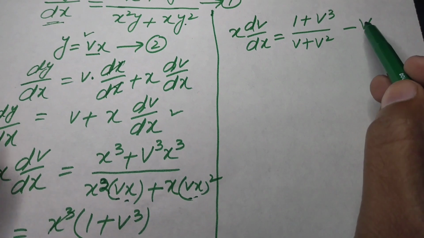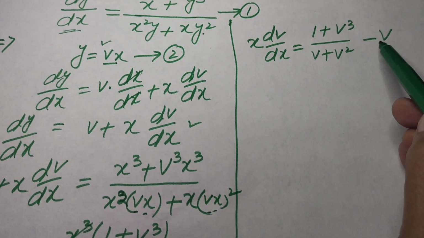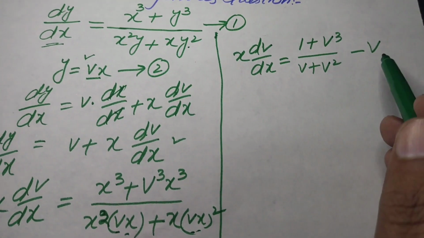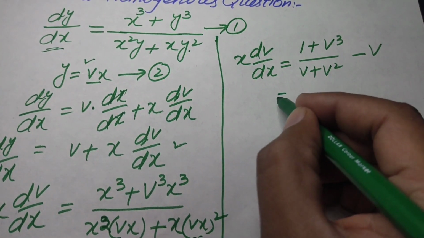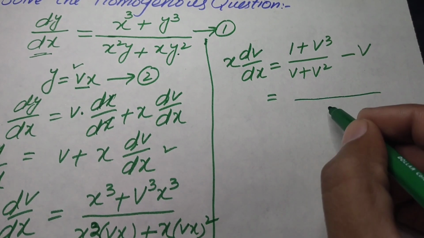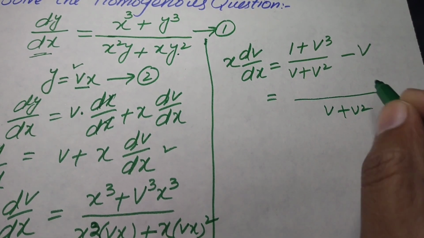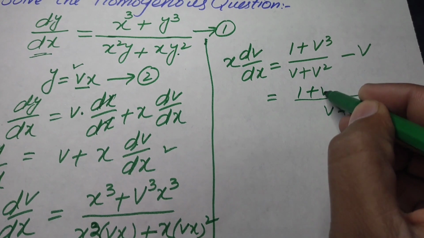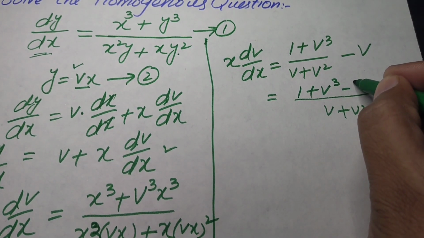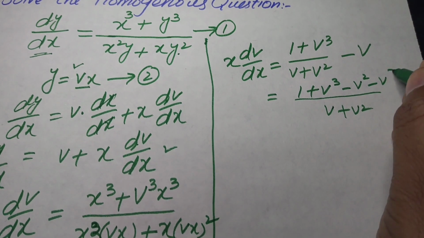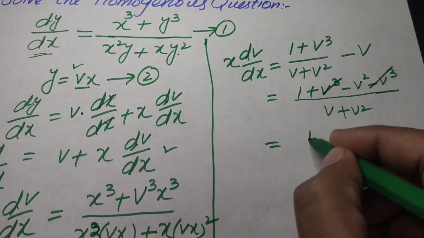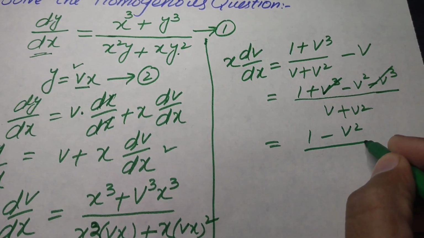Now we will simplify this term, and first we will take the LCM, and we obtain 1 plus v cube minus v square minus v cube. This v cube cancels out, and we get 1 minus v square.